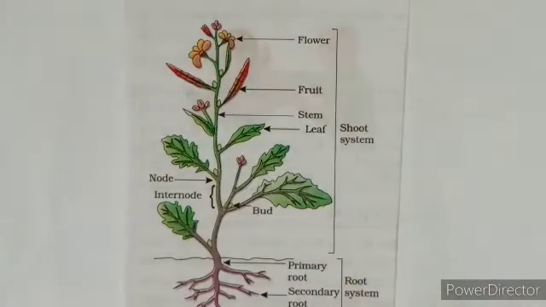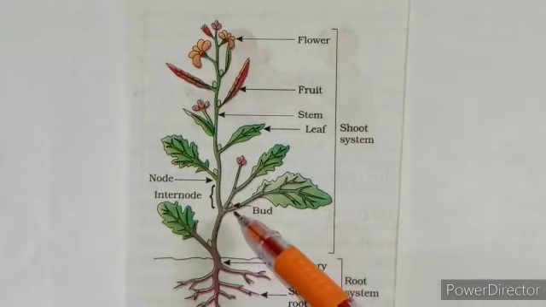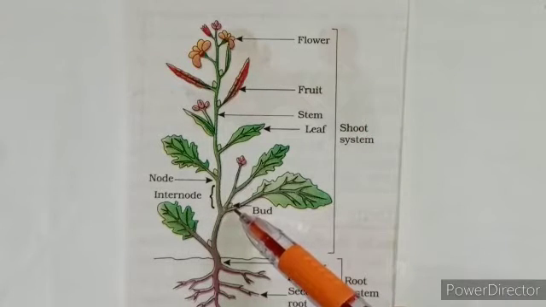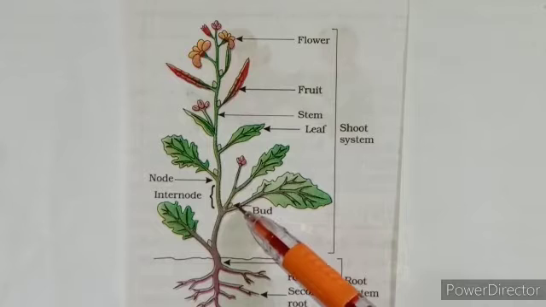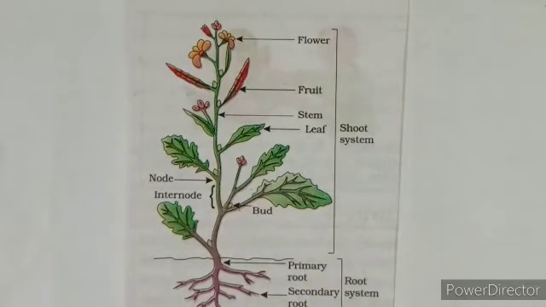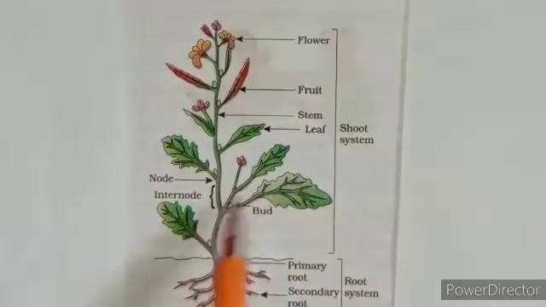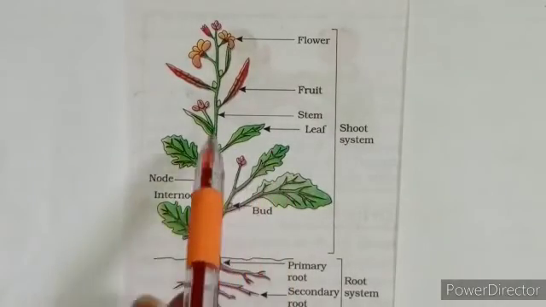And the buds in the axils of the leaves are called axillary buds or lateral buds. They give rise to lateral branches. Students, all of you see here, these are the lateral branches.